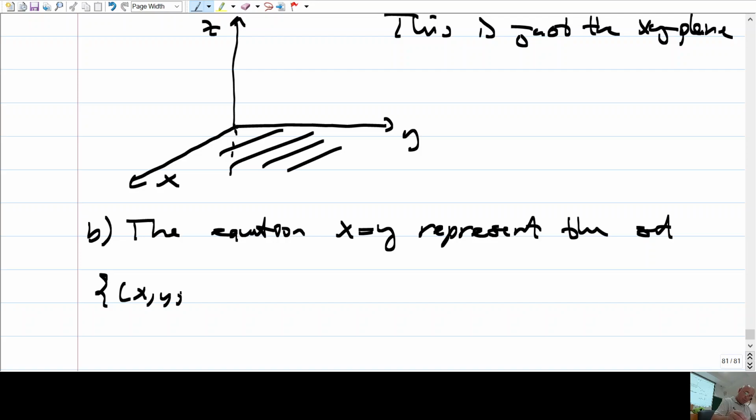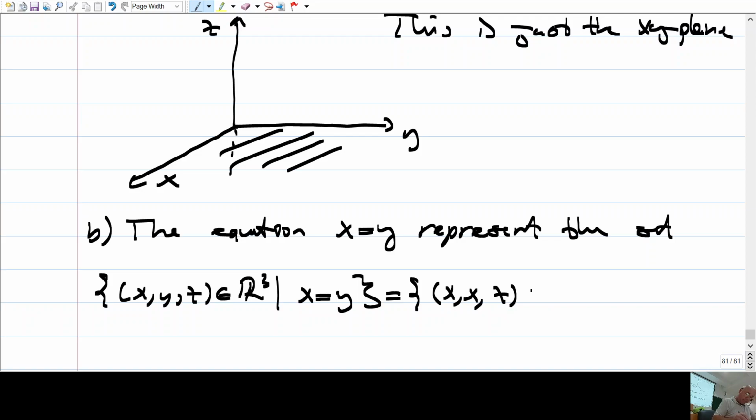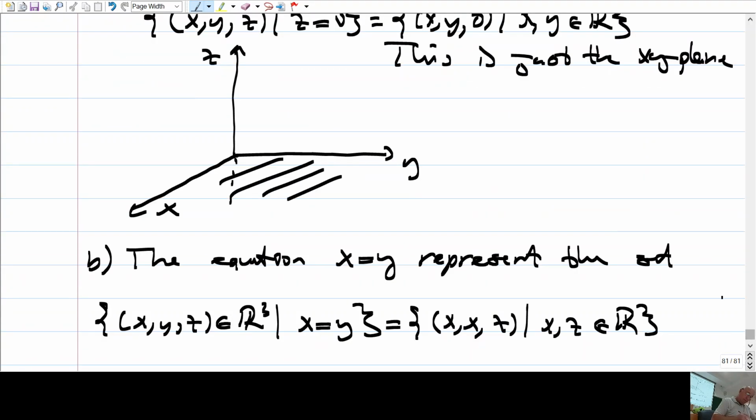So this is the points in 3 space where x and y coordinates are the same. So it is just this one, x, x, and z. X and z are real numbers. What is this?